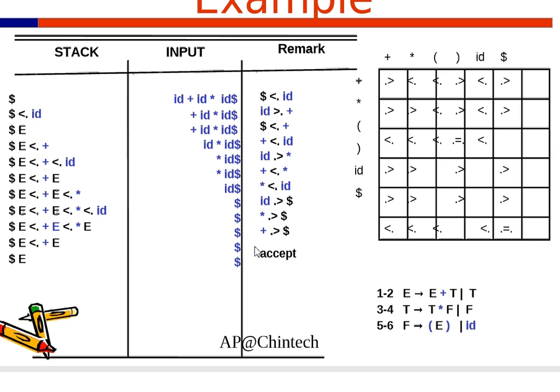Plus and dollar is the greater than symbol. Again you will reduce it. You will pop off, so we'll get E plus E. That will get reduced as E. And then finally you will be getting E. The non-terminal will not be visible there, so it is dollar only. Okay, so dollar and dollar, it is accepting.